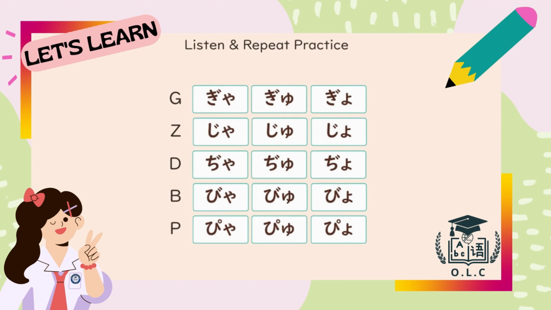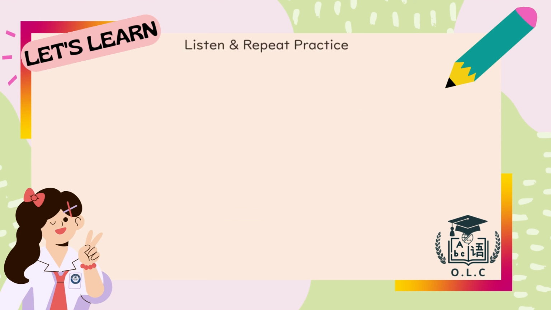So we'll still practice reading Yōon sounds from the D row. Let's first do a listen and repeat practice of all three sounds from each row.